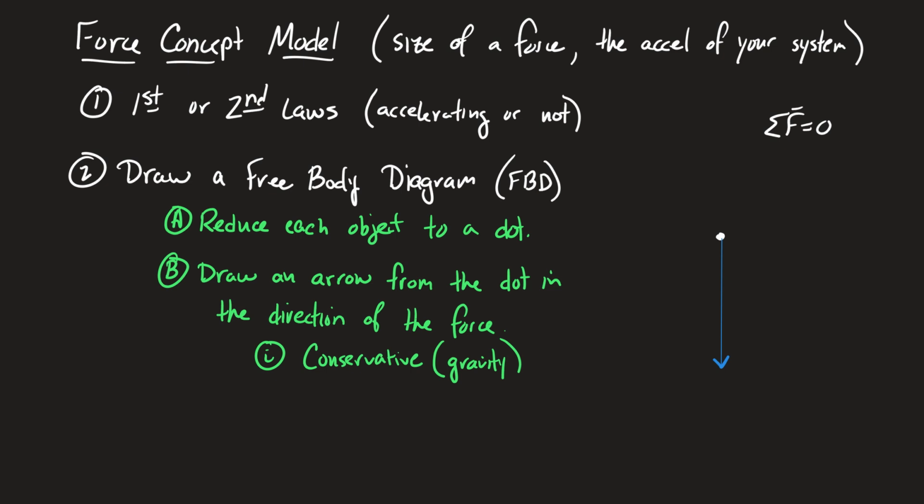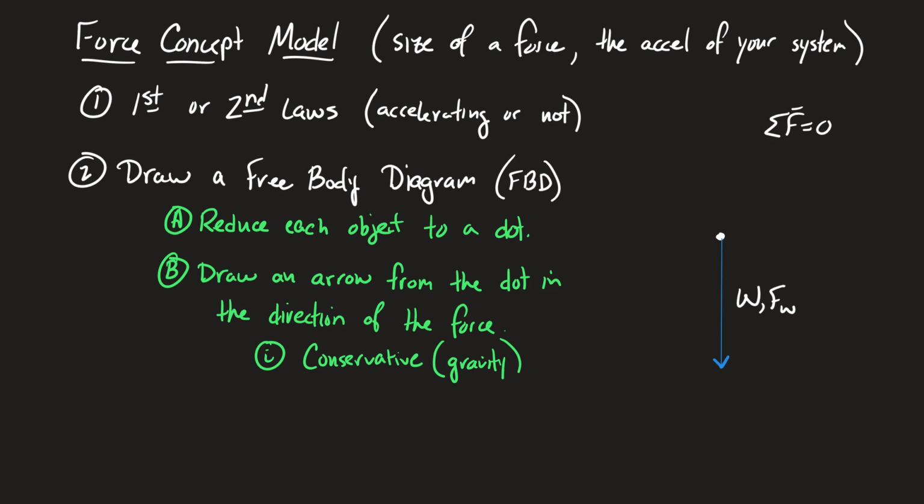You are setting the scale for your drawing when you draw this arrow. The other arrows are probably going to respond to the size of the weight of the object, because the weight of the object tends to be an important factor in how things behave on the planet. So you're setting the scale for the rest of your diagram. Keep that in mind. The other arrows should be of a proportional size that makes sense for the first arrow that you draw.